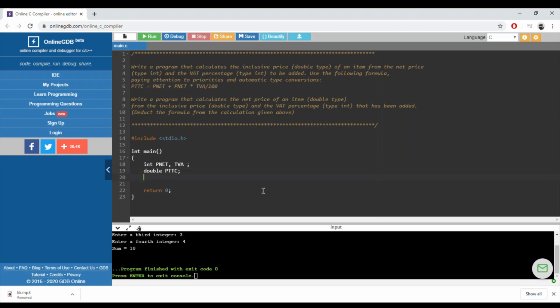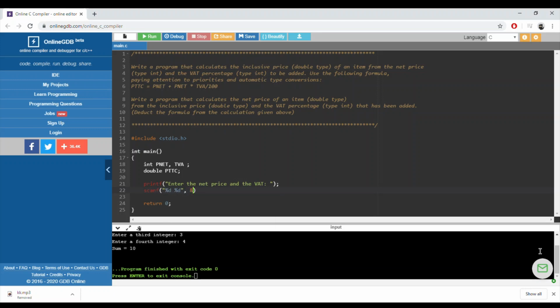So the user should enter the net price and the VAT, and then the program will calculate the total price. So we'll ask the user to enter, so printf, enter the net price and the VAT, semicolon, and then we will use a scanf, %d and %d.